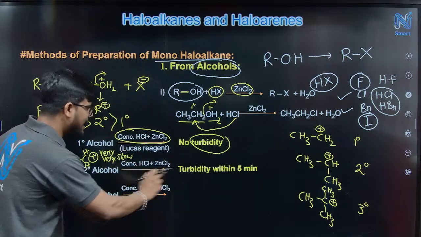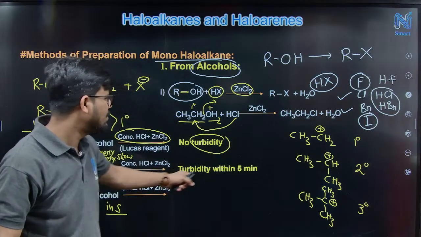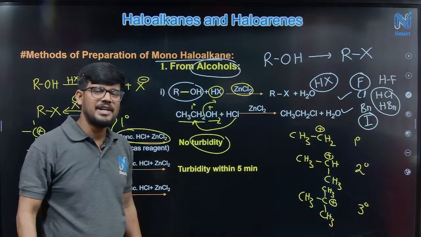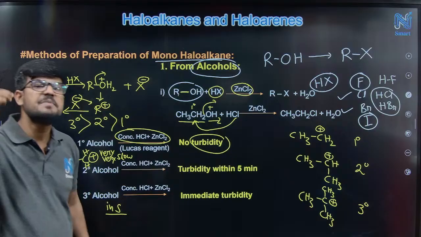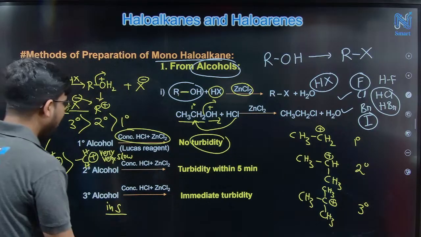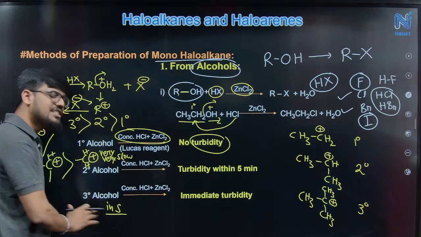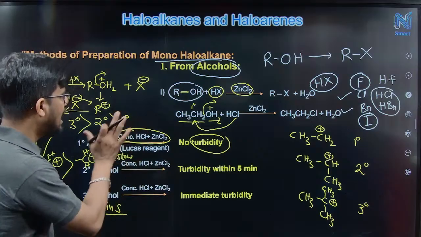In case of 2 degree alcohol, yes, the reaction is happening, but it is slow. It will take about 5 minutes to get turbidity. Next, in case of 3 degree alcohol, you will get an immediate reaction, so you will get immediate turbidity. So this is the way, based on Lucas reagent, you can distinguish 1 degree, 2 degree, and 3 degree alcohol. I hope this is clear.